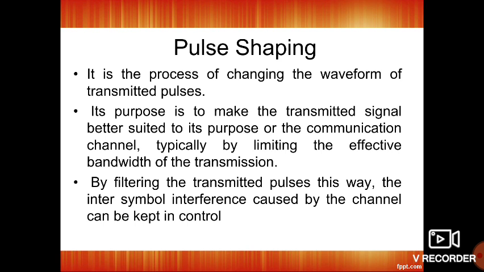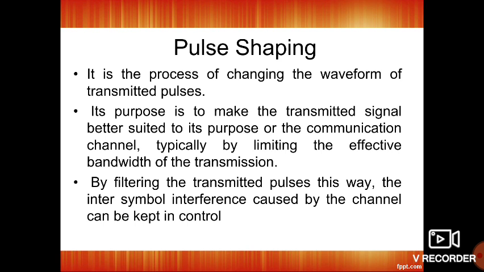The successive binary bits can be combined into symbols. While transmitting, whenever noise affects this signal, the shape of the transmitted signal varies, so pulse shaping is important. The process of changing the waveform of the transmitted pulse is called pulse shaping.